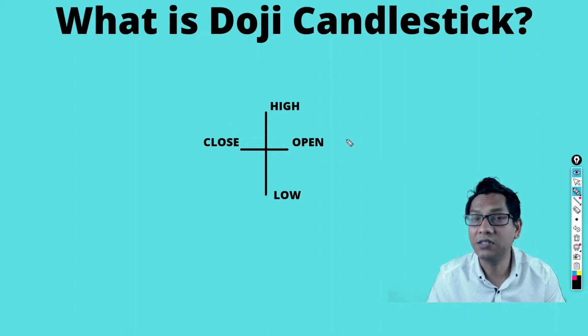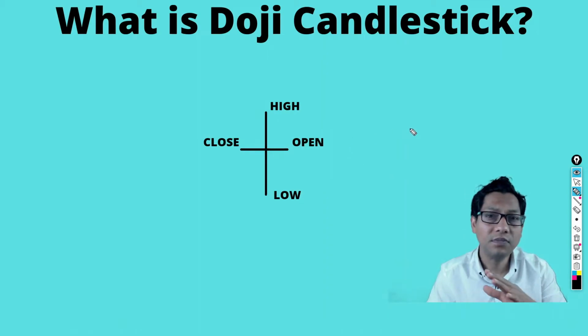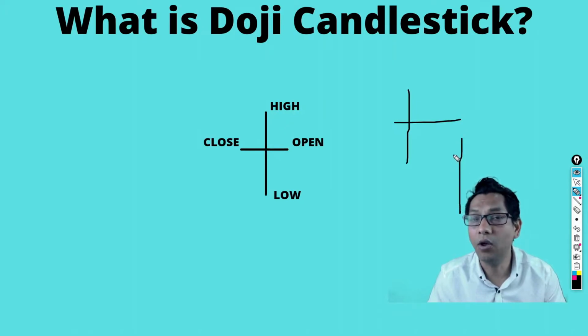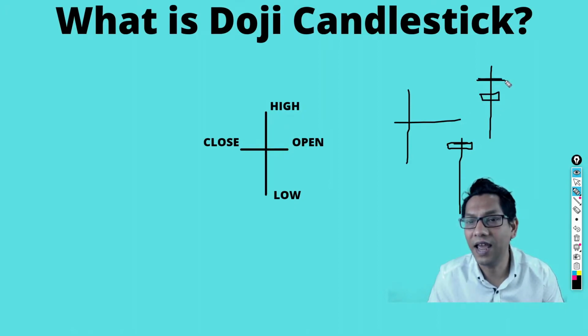Now this is a textbook Doji. Remember, you may not always find it like this. There will be a lot of variations, and you have to be aware of it. The candle could be something like this, or maybe with a little bit of body, it doesn't matter.